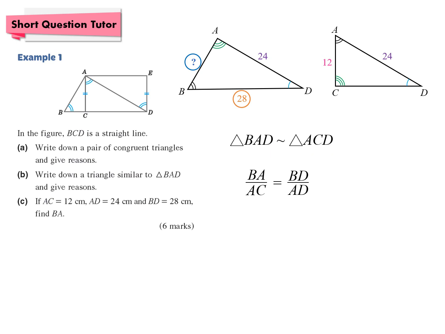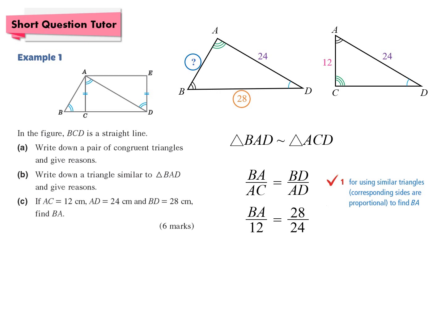The first mark is given for the correct proportion of corresponding sides. Then substitute the lengths of the sides. BA is what we are going to find. AC is 12. BD is 28. And AD is 24.